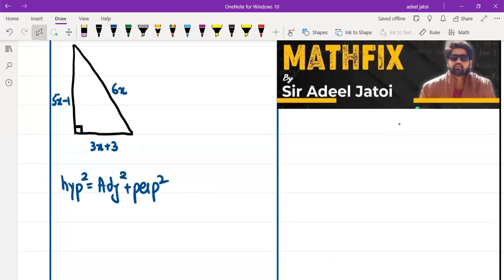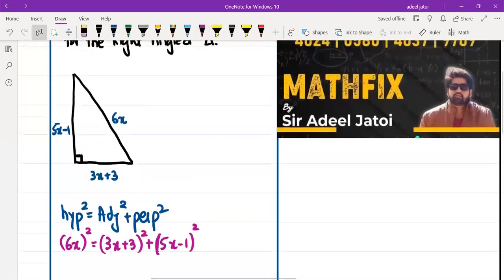This can be 6x square, considering 3x plus 3 whole square, and perpendicular should be 5x minus 1. Now the entire concept of algebra is considered here, because you need to know a plus b whole square, which is a square plus 2ab plus b square.